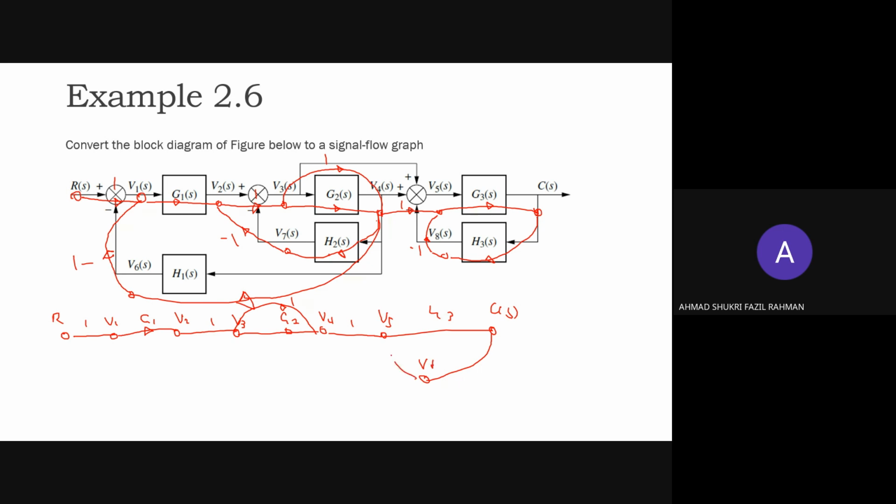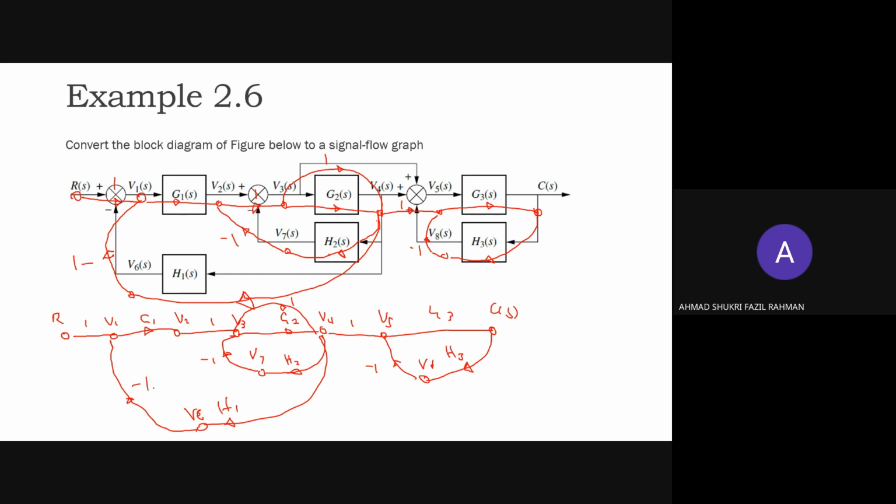this one V8, -1, and this one is H3, and then V4, H2, and then V7 going to this one, put -1, and then another one here, H1, V6, going to V1, -1.